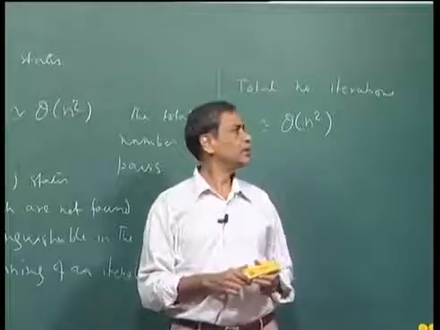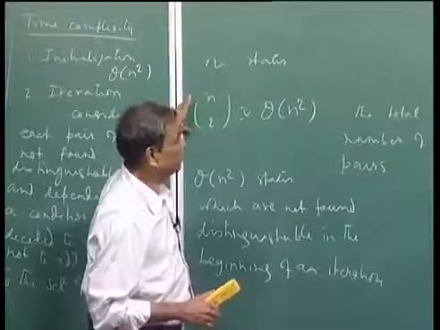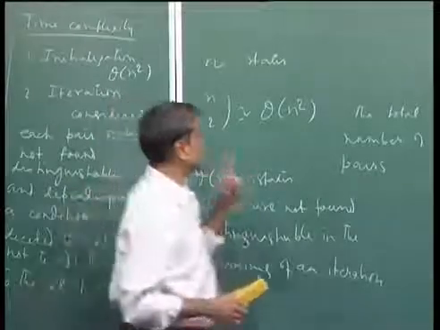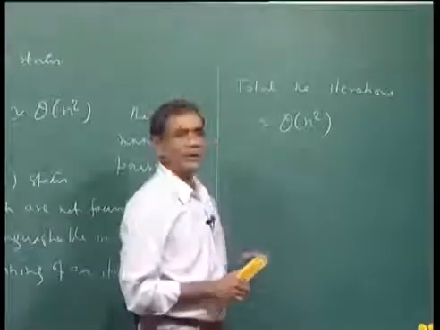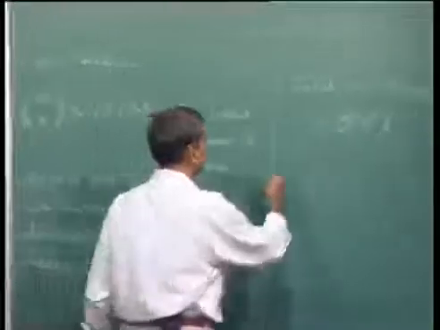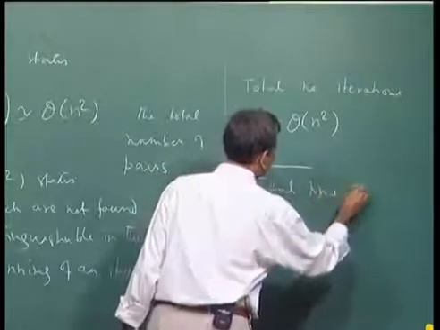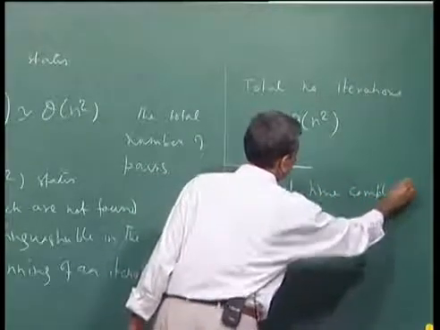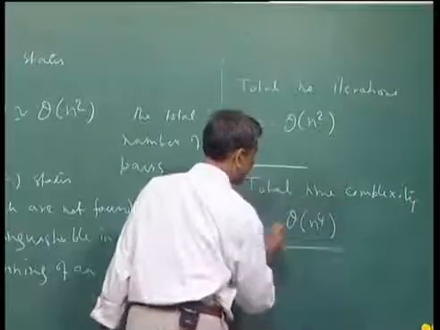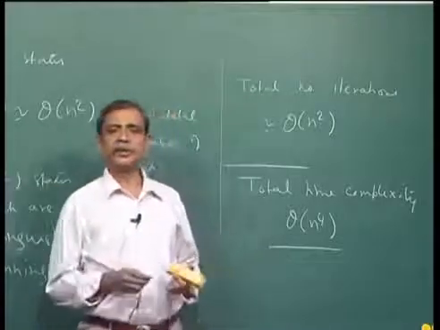Since there are so many pairs to begin with, and in each iteration we are adding at least one, at most there can be so many iterations. In each iteration we are doing order n square work. So, therefore, the total time complexity is order n4. So, order n4 is the time complexity of the algorithm that we have outlined.